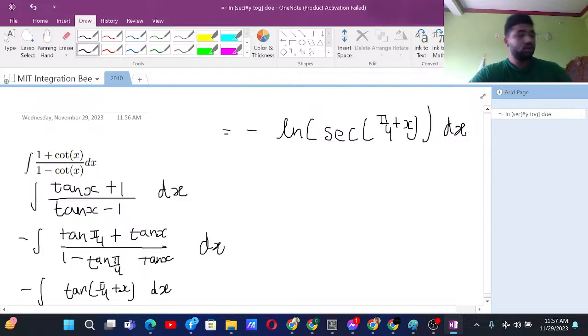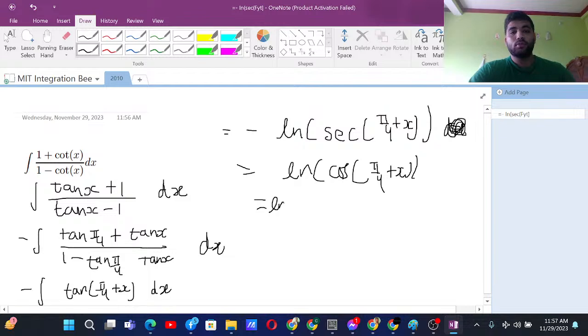We can just use this minus sign to take the reciprocal to get ln of cos(pi/4 plus x). We can also expand this if you want, and then we will have ln of (cos a cos b minus sin a sin b) plus c.